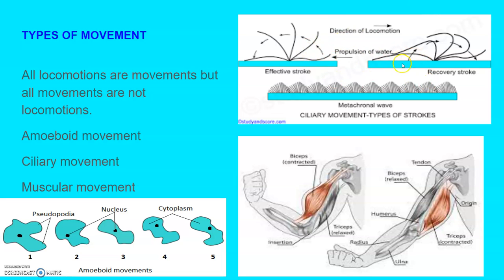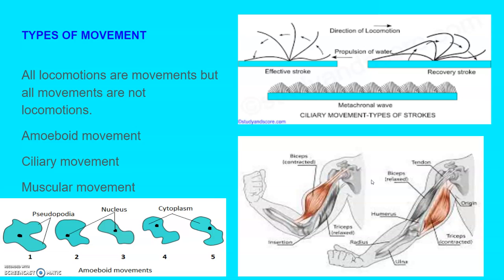In aquatic organisms also propulsion of water takes place, and they produce a kind of wave which helps in the movement or locomotion of the organism. Another example of ciliary movement is the passage of ova through the female reproductive tract.